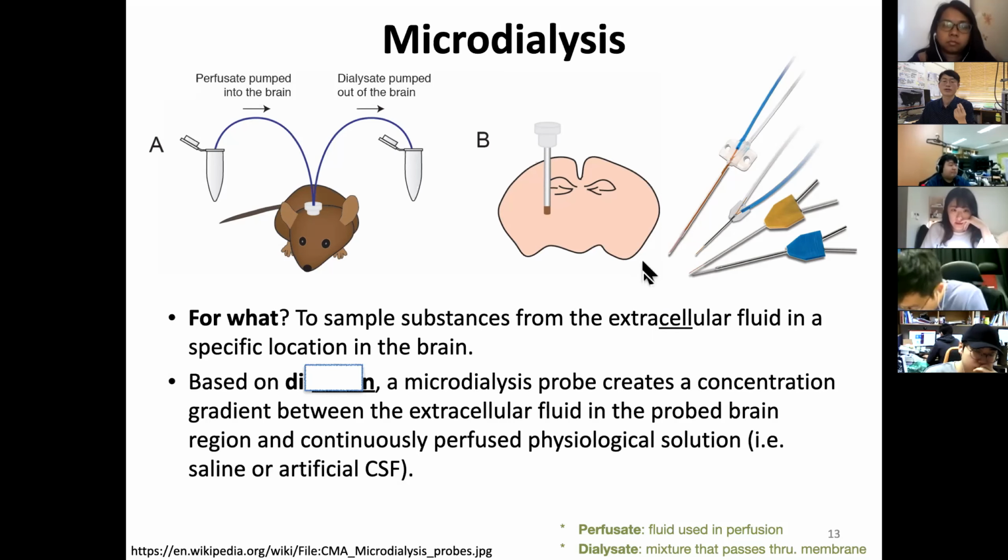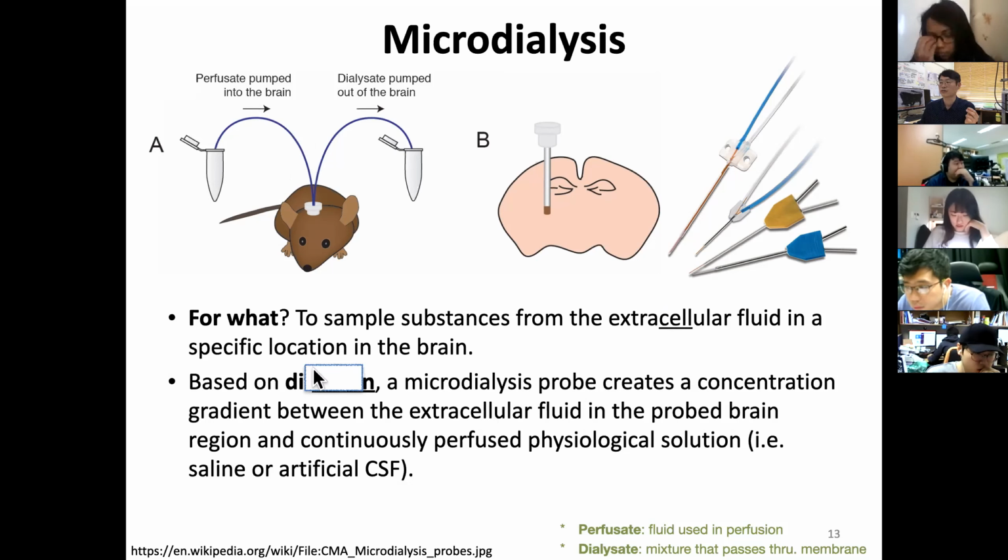And the important thing is this microdialysis probe actually creates a concentration gradient because you keep injecting a perfusate into the extracellular fluid in the probed brain region, and you are continuously perfusing a physiological solution such as saline or artificial CSF. So what would be the physical principle?